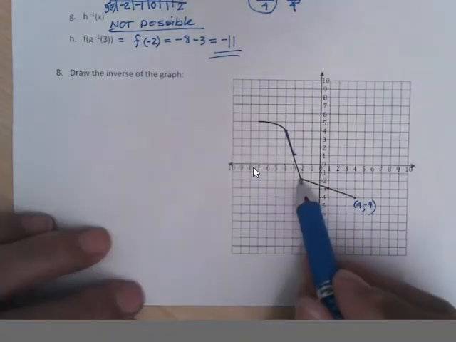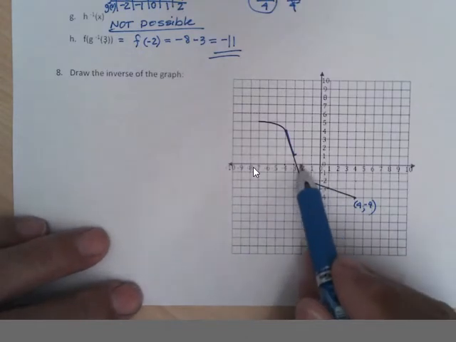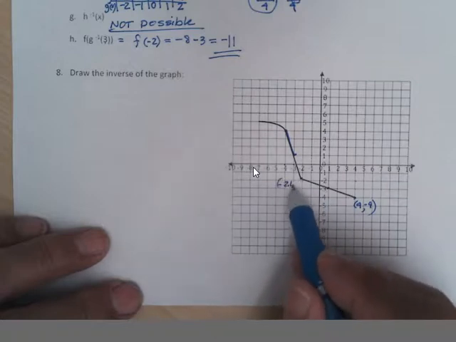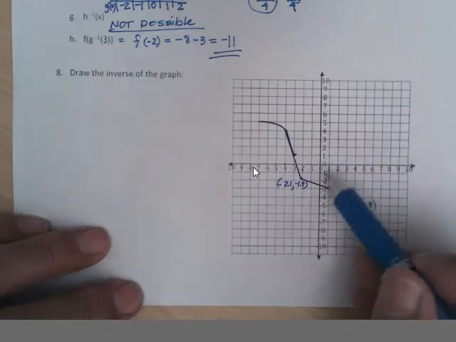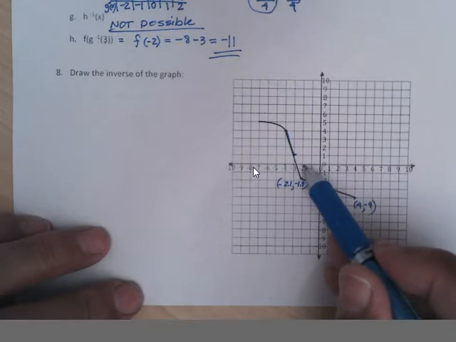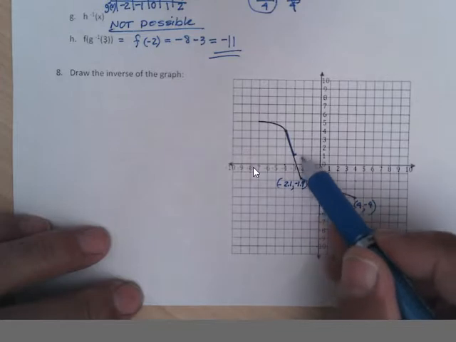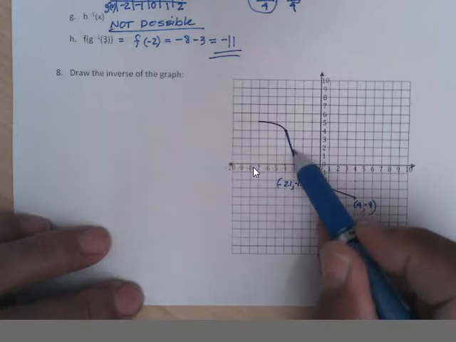And this is close. This looks like -2.1, -1.9. So if I switch it, this point would go to -1.9, -2.1, which should be here. So this goes almost on top of itself to there.